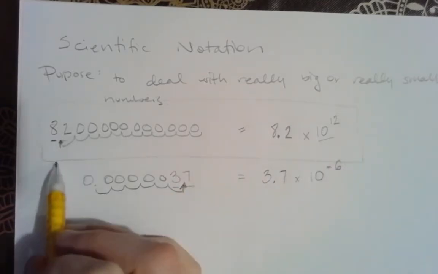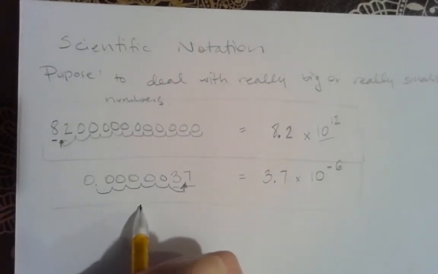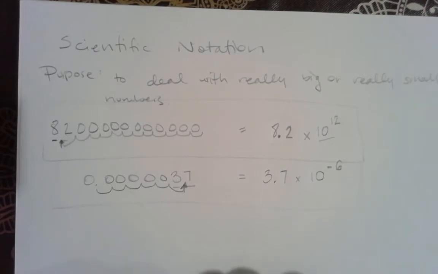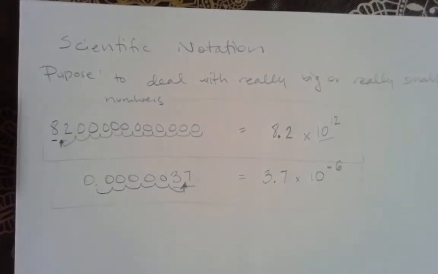So again, these two numbers are the same number. In this one, we wrote out the zeros and had to count them and think about them. And if you're dyslexic, that could be an issue because there are just so many zeros. I find it really difficult to count that many zeros consistently, and you should try them in your calculator.